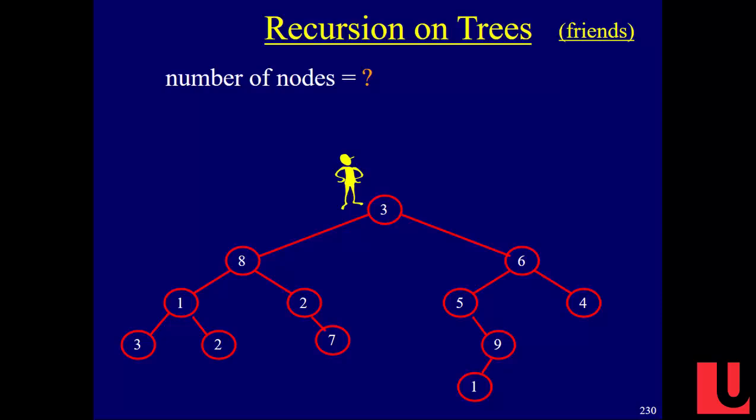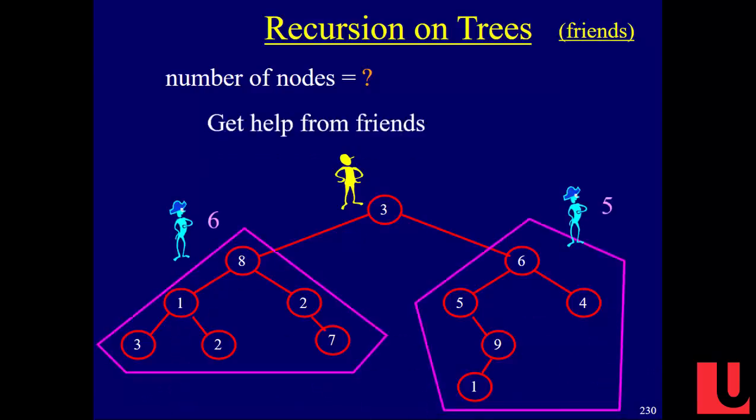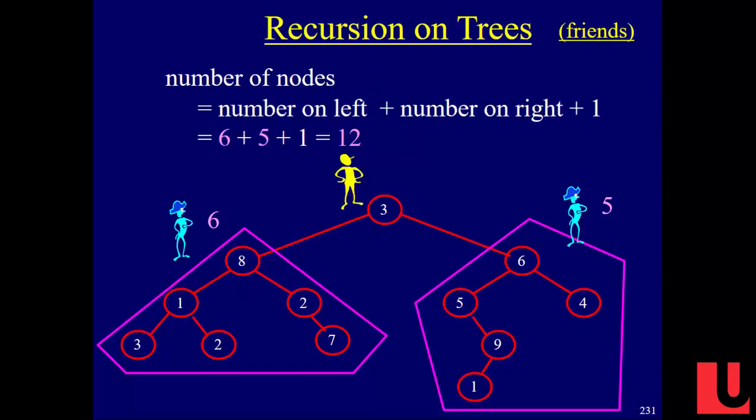Well, come on, if the input's a tree, what I give my friend is the subtrees, right? And what does my left subtree return? The number of nodes, right? What does the right tree return? The number of nodes. And what is my answer? Exactly, right? Get help from my friends, and then my answer is the number on the left plus the number on the right plus 1.